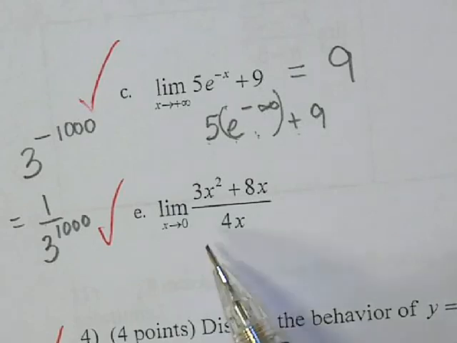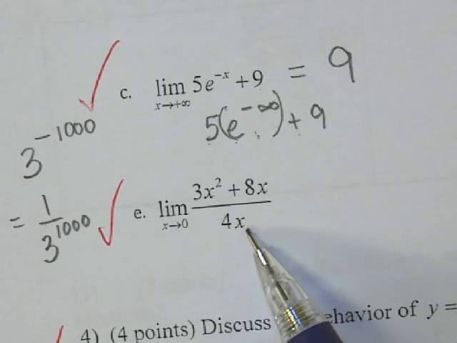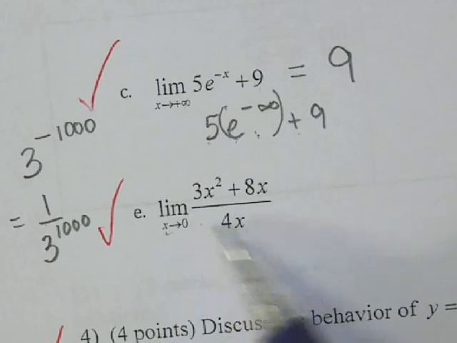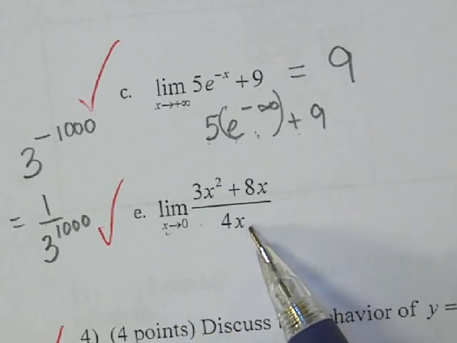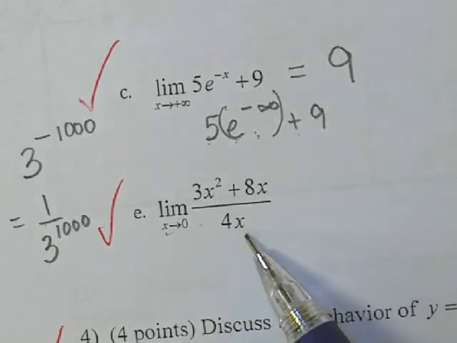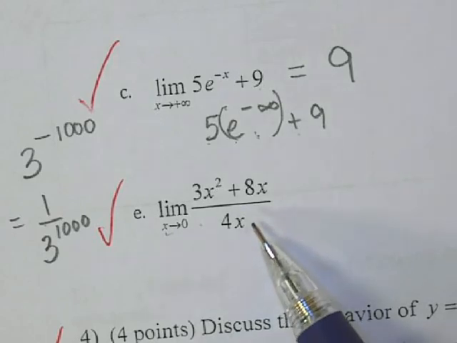Okay, letter E. Notice on this one, I can factor out an x, because I want to take the limit as x goes to 0. So if I put in 0 right now, it's not helping me so much, because I'm dividing by 0. And remember, if you end up dividing by 0, you've got to pick a number really close to 0 to test it.